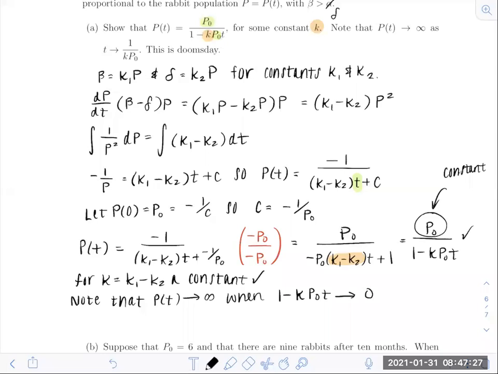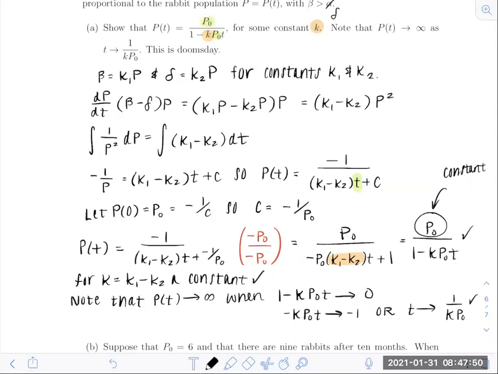And if we solve for T here, we would have -K P naught T approaches -1, or T approaches +1 over K P naught. All right, so we just proved that in fact doomsday does occur as T gets closer and closer to 1 over K P naught.